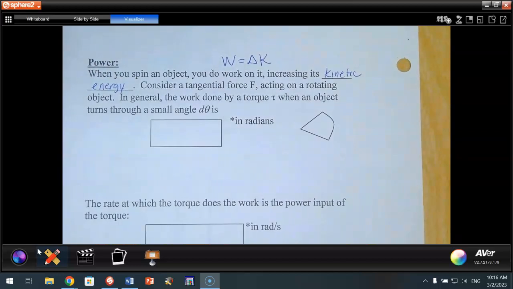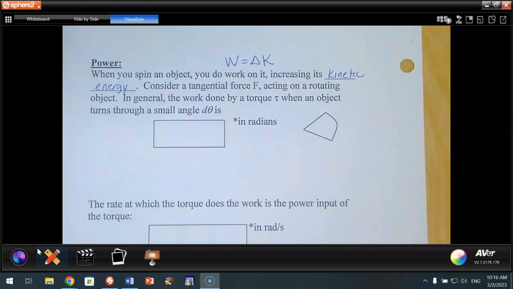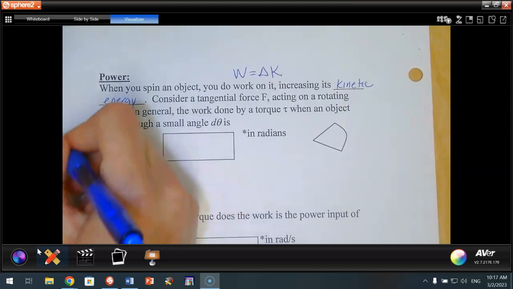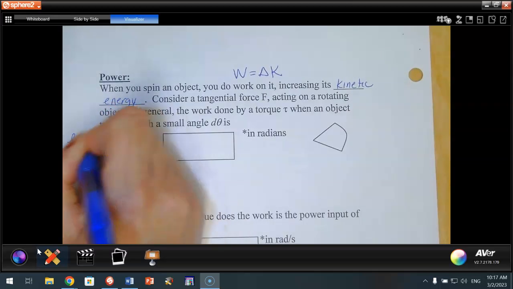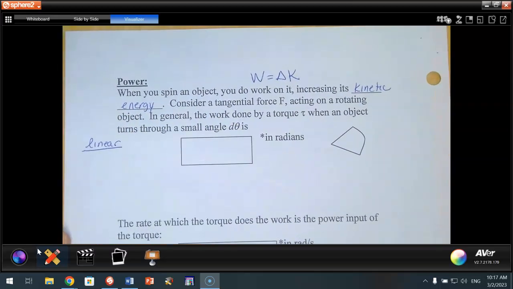Now, in this particular case, you would probably do the 1/2 I omega squared kinetic energy instead of the 1/2 mv squared from linear because we're rotating it. So if you're doing work on the object, we should probably know how we're doing work on the object. And so what I'm going to do, like we've been doing this chapter, is start with a linear version of work.